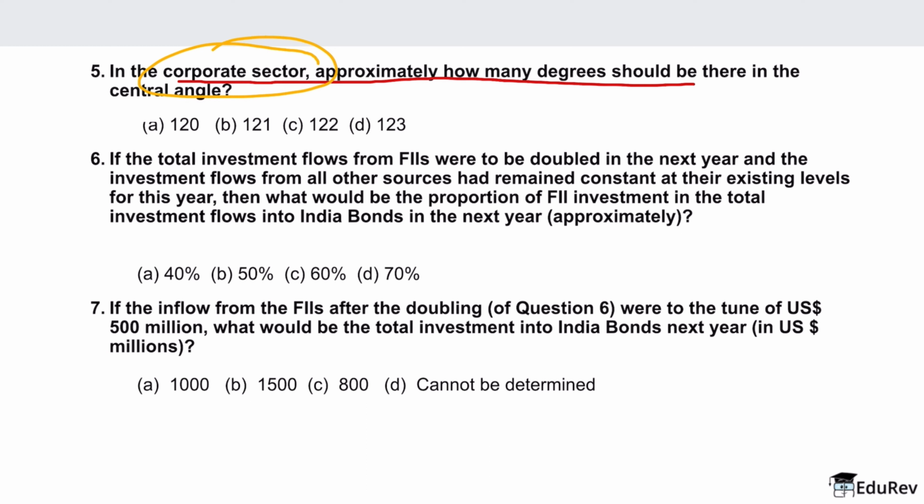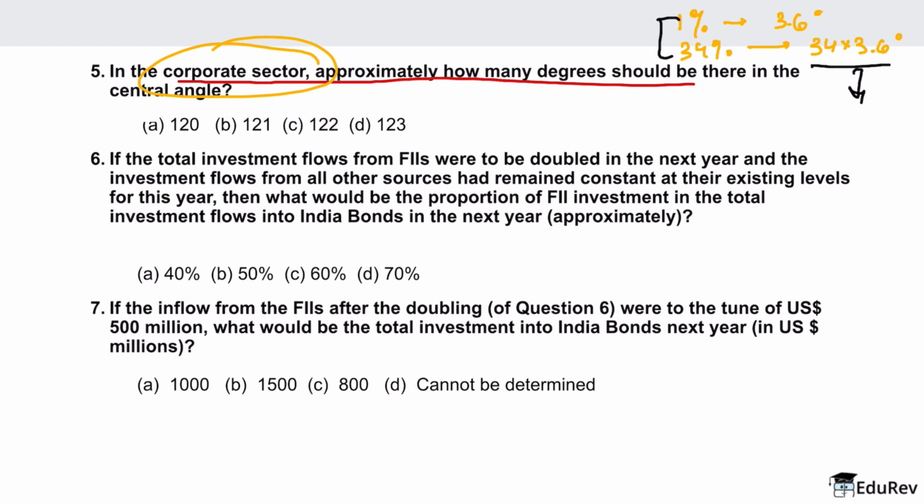And initially when I was explaining the theoretical part of pie charts, I said that 1% is nothing but 3.6 degrees. So if for corporate sector it is 34%, then can I say 34% is nothing but 34 into 3.6 degrees? Common sense. This is unitary method. So if I multiply, it will be what?